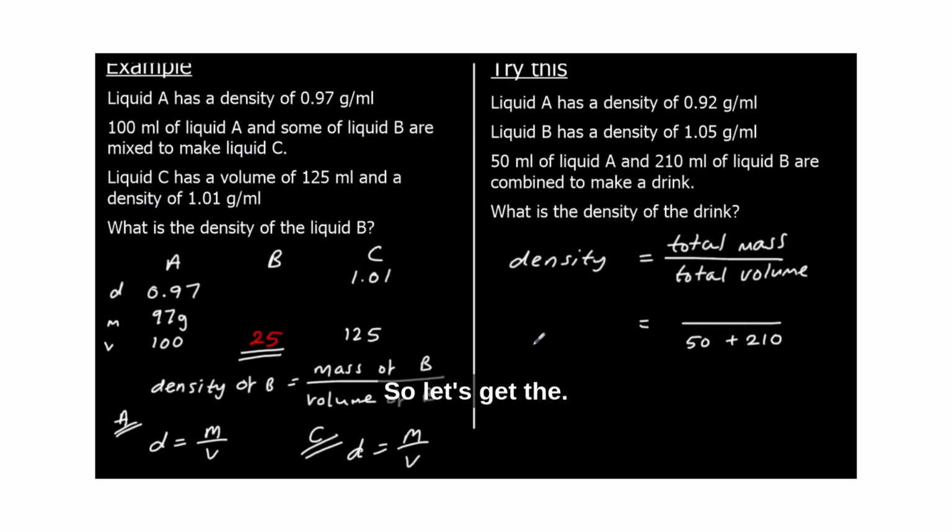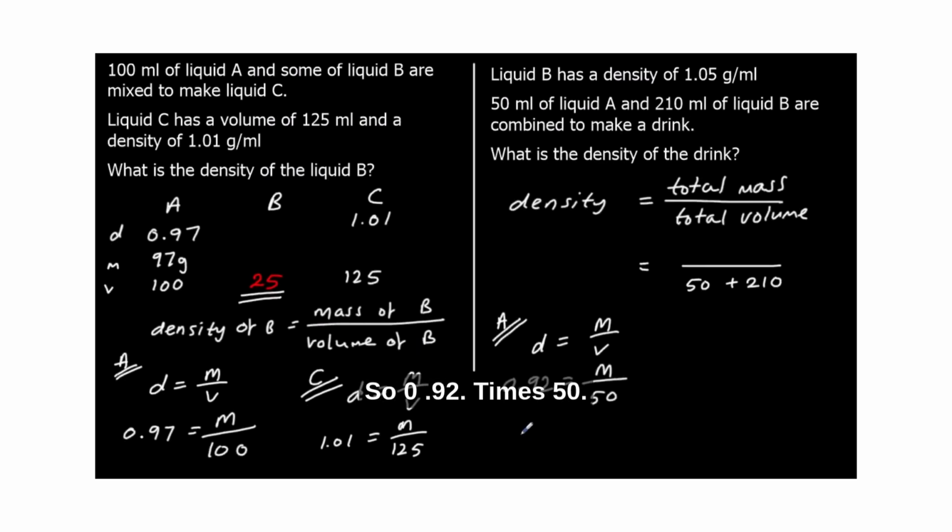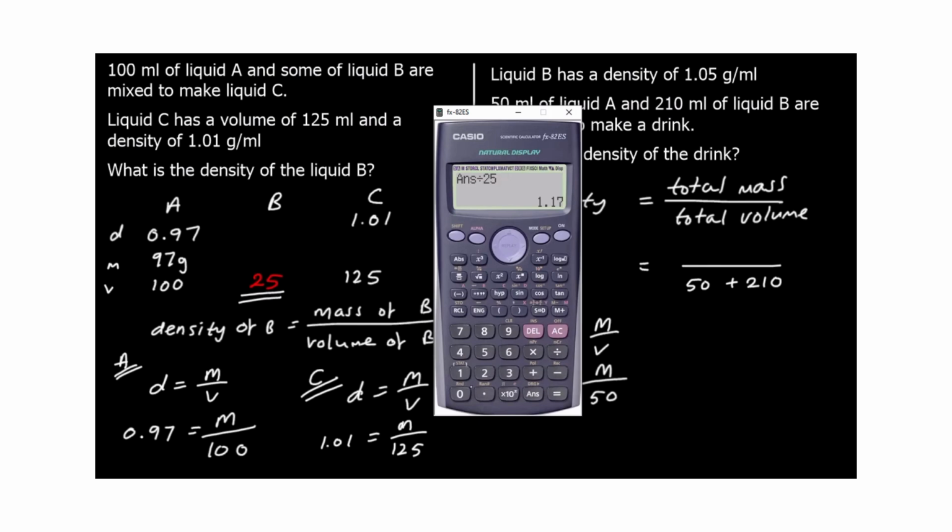So let's get the mass of A. So density is mass over volume. And for A, the density is 0.92. The volume is 50. So 0.92 times 50 is 46.